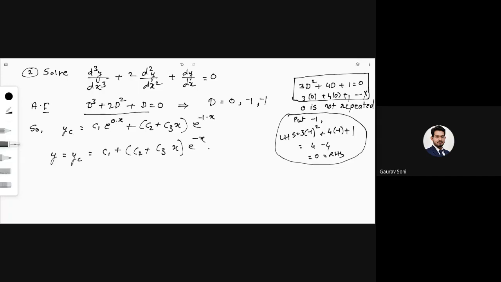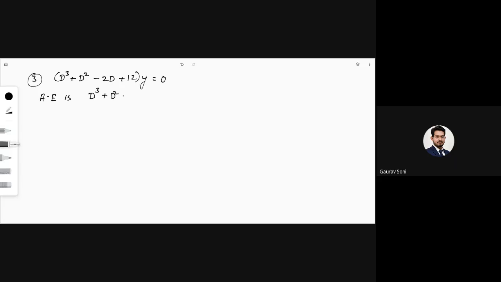Next example, third one. Example number 3: D³ plus D² minus 2D plus 12 times y equals 0. The auxiliary equation is D³ plus D² minus 2D plus 12 equals 0.